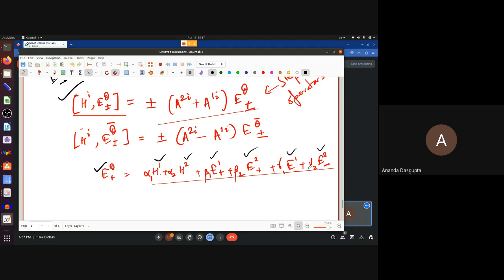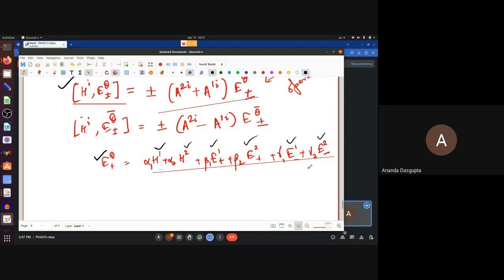I want to keep life as simple as possible for ourselves, which means the smallest number of generators. Once you impose the commutators, the only possible linear combination is 0.